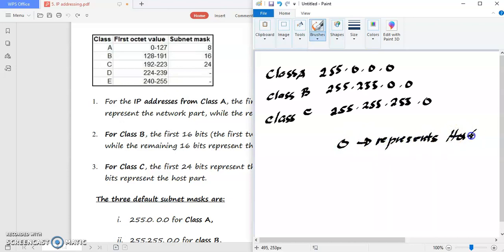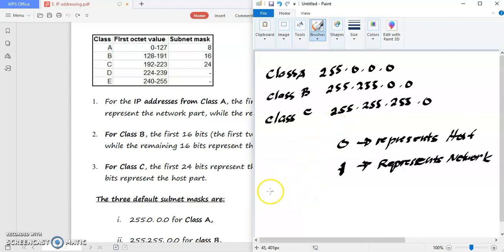Again, 0 represents the host and 1 represents the network. Okay? Sir, but that is 255.